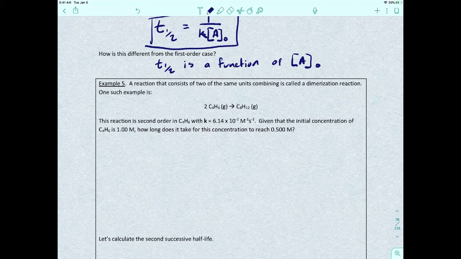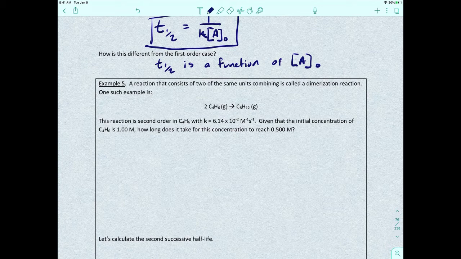This reaction is second order in the reactant with the rate constant 6.14 times 10 to the minus 2 molar to the minus first, seconds to the minus first. Given that the initial concentration was 1 molar, how long does it take for the concentration to reach half molar? So we're looking for the half concentration.